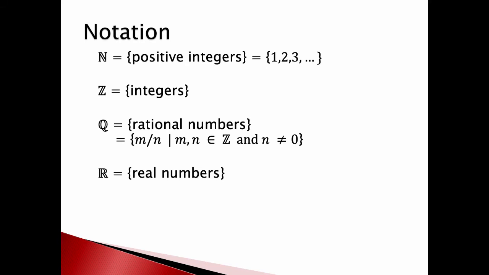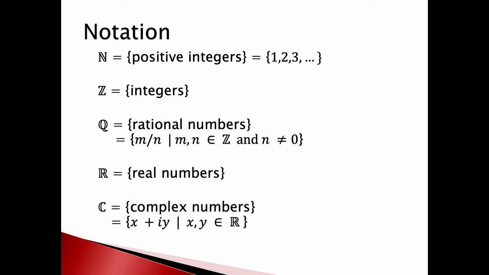That's easy to prove, but we'll brush over that part and just think of real numbers as things we can write with decimals that go on, or not go on, right? Like 1/2 has a decimal that stops, but pi has a decimal expansion that goes on forever. Blackboard bold C will stand for the set of complex numbers. So that's a real number plus a real number times i.